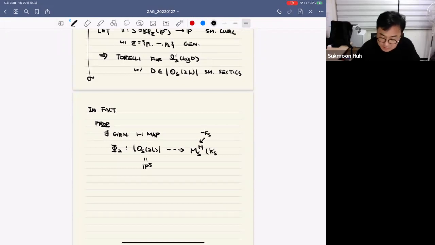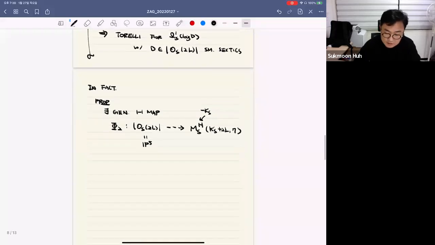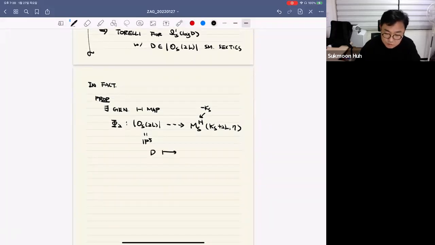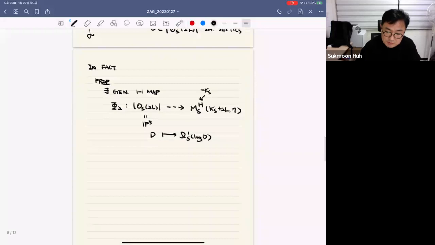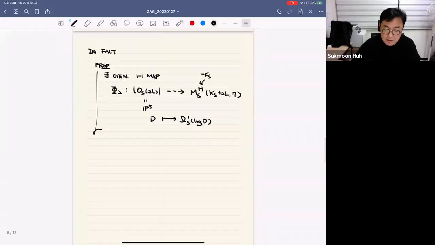So the first Chern class is Ks plus 2L, the second Chern class is 7, sending D to the corresponding logarithmic bundle. Okay, so let me briefly explain the main idea.